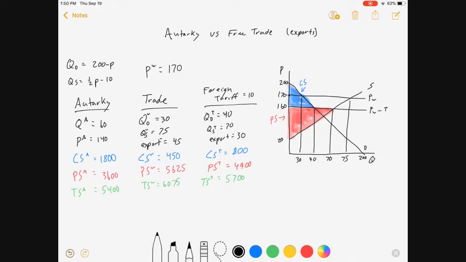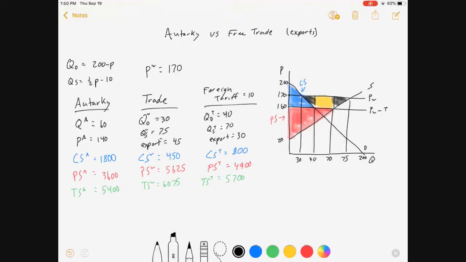Now you might be wondering about all this stuff up here. Well, that's just deadweight loss in our market. Now, if you remember, in the part 2 video, where we put a tariff in an import market, we actually divided it up, where there was some portion of it that was tax revenue, and this bit was deadweight loss.